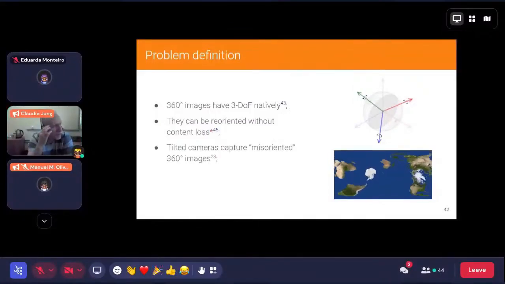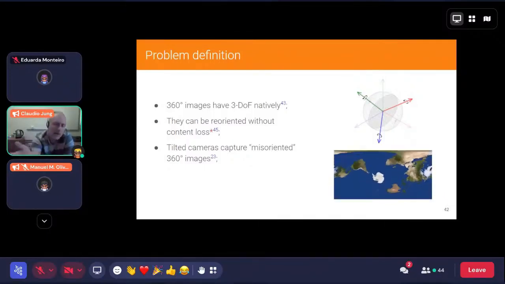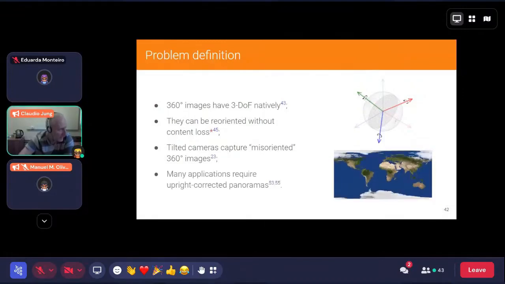So if you have an unconstrained capture setup where you can have rotations, the goal of gravity alignment is to basically derotate, to estimate the rotation angle, and then rotate this image back to this standardized canonical point of view, right?